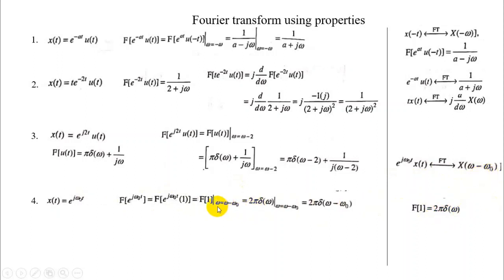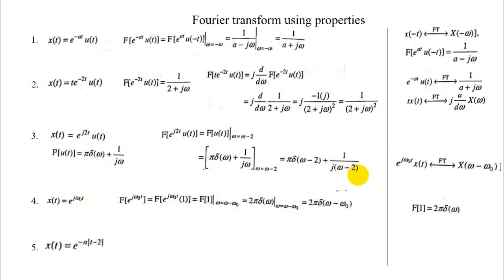What would be the value of omega naught? In the earlier case omega naught was 2, but in this case omega naught is just omega naught, so omega would be replaced by omega minus omega naught. I hope you understood all the things I am presenting here.